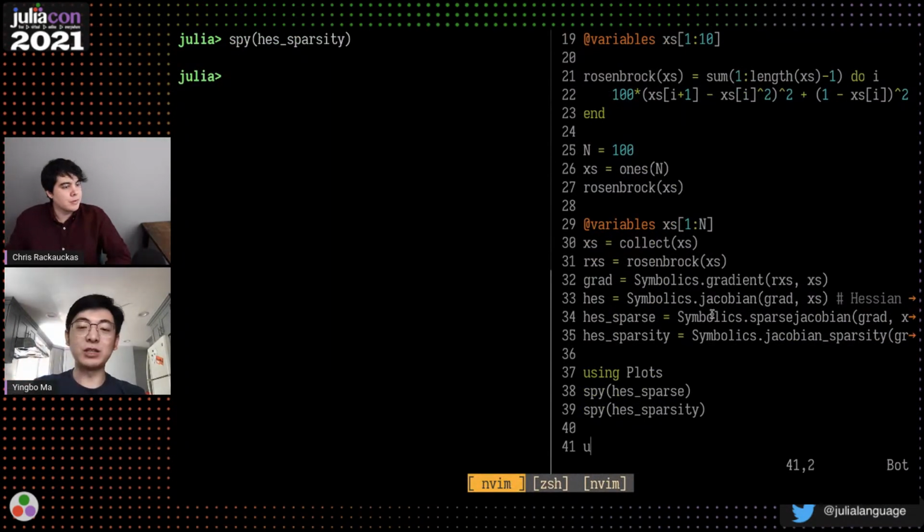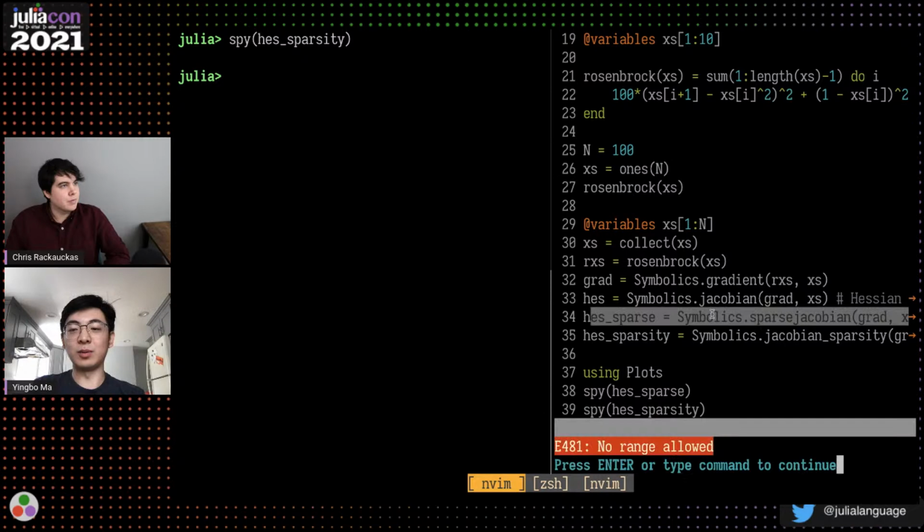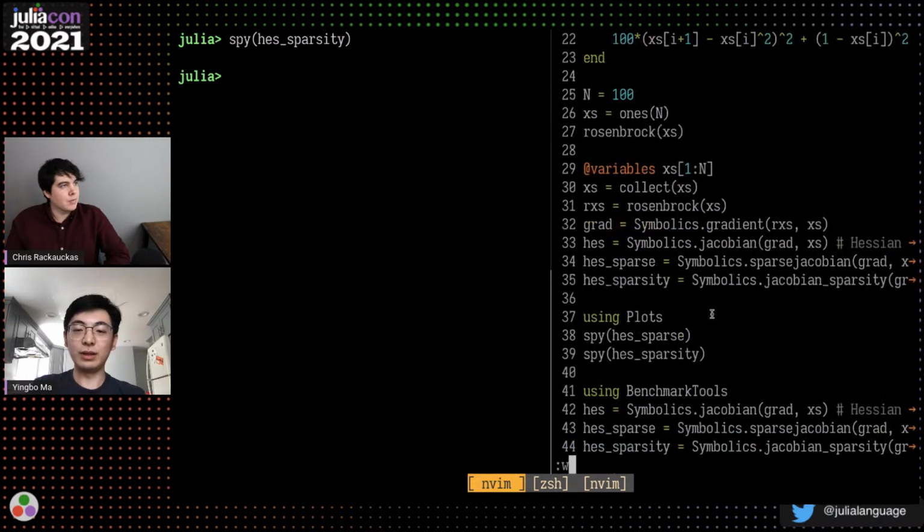So let's try a few benchmarks. Let's try to run a few benchmarks on all these functions: Jacobian versus sparse Jacobian versus Jacobian sparsity. We can use the @benchmark macro from BenchmarkTools to do the benchmarking.